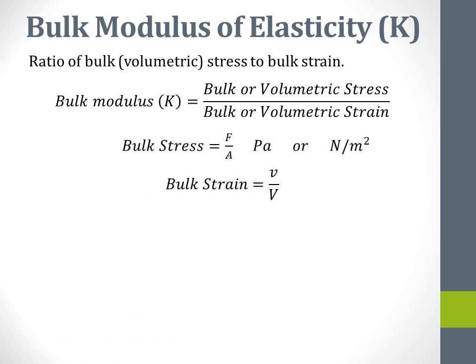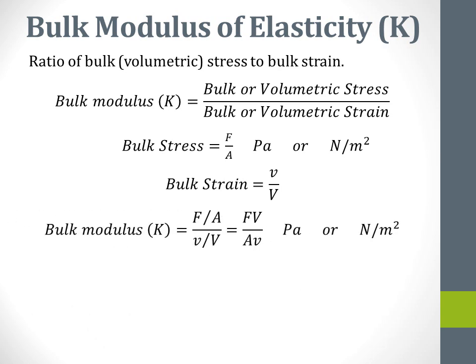The bulk stress is given by the ratio of the restoring force F to the area of cross section, with the units Pascal or Newton per meter square, and the corresponding bulk strain is given by the change in volume small v to the original volume capital V. Therefore, the bulk modulus is finally given by Fv divided by Av with the units Pascal or Newton per meter square.